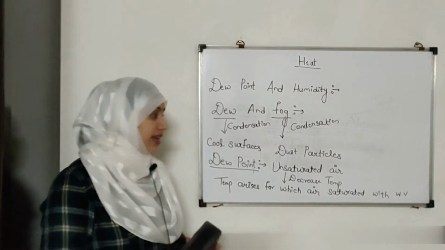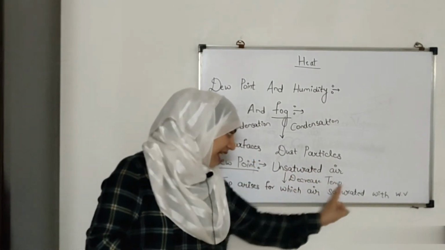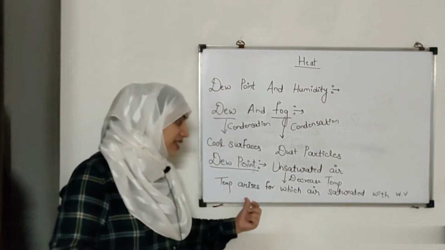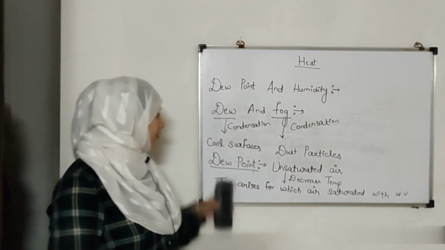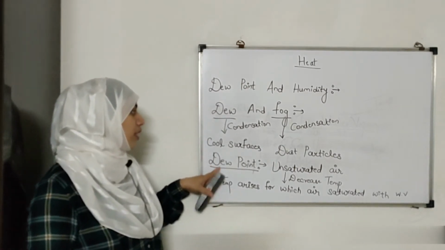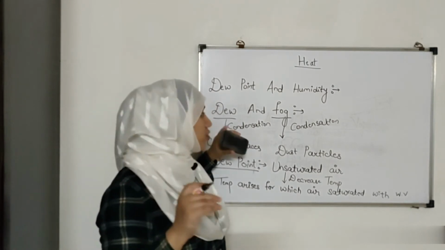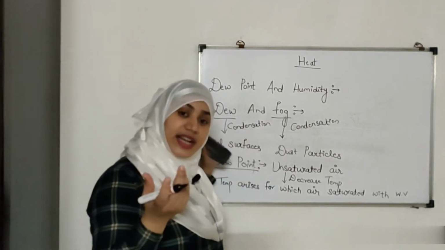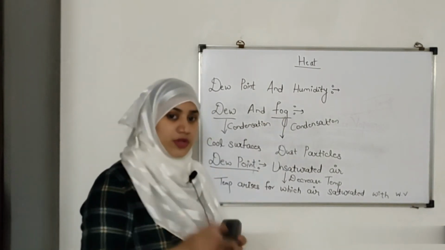Dew point is nothing but when you reduce the temperature of an unsaturated air, the temperature arises for which the air is saturated with water vapors. Whenever the temperature goes below dew point, the water vapors start getting condensed to water droplets. Or if it's getting condensed on the dust particles, that time we call it fog formation. Okay?